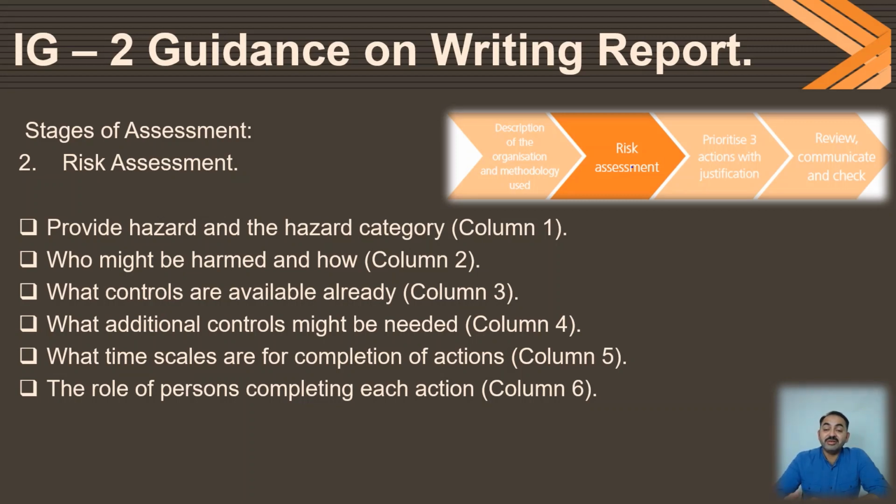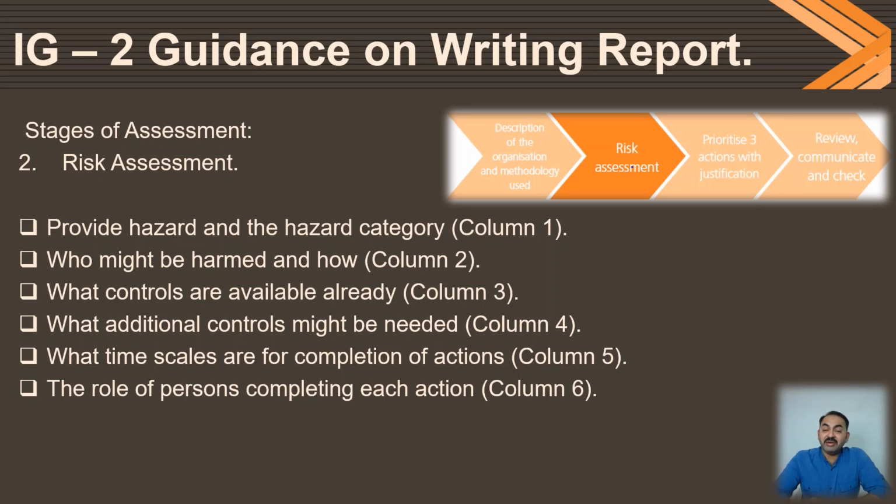So if you are not clear at the first instance, you might not gain the examiner's attention. Some people are writing housekeeping as a hazard, for example. Guys, housekeeping is not a hazard. Housekeeping is a very good activity, but poor housekeeping at site is a hazard. So you need to be very clear in defining the hazards. Okay.